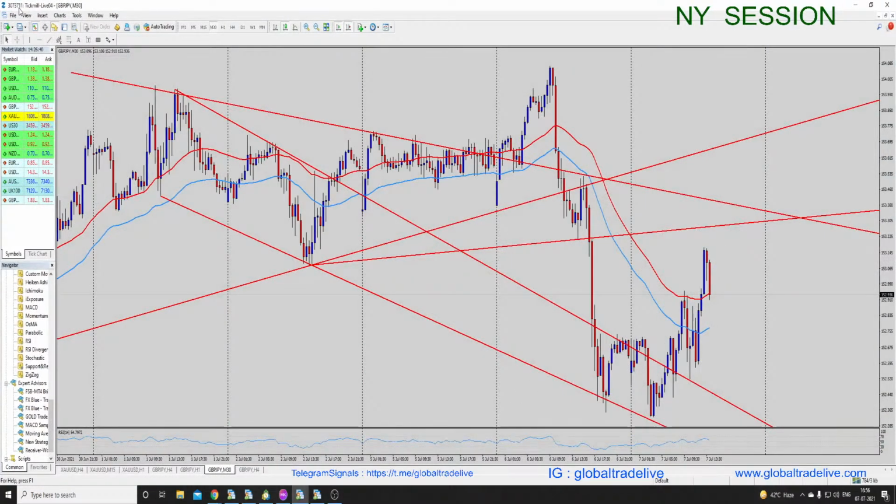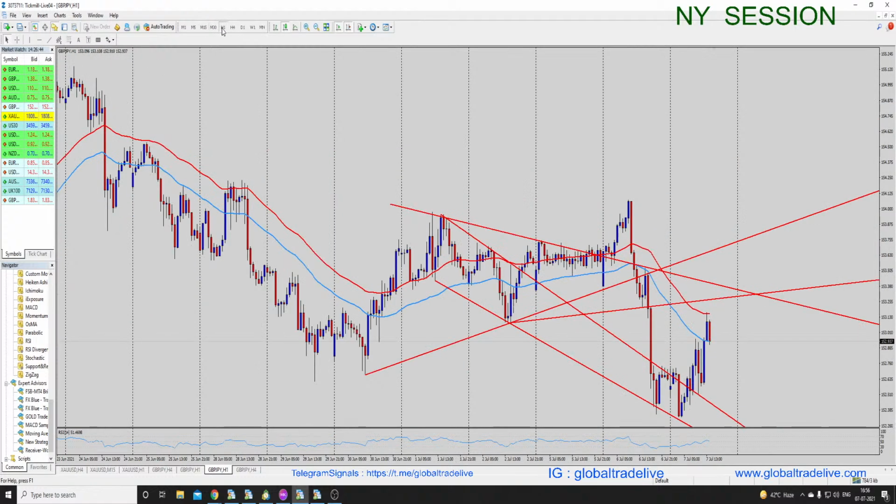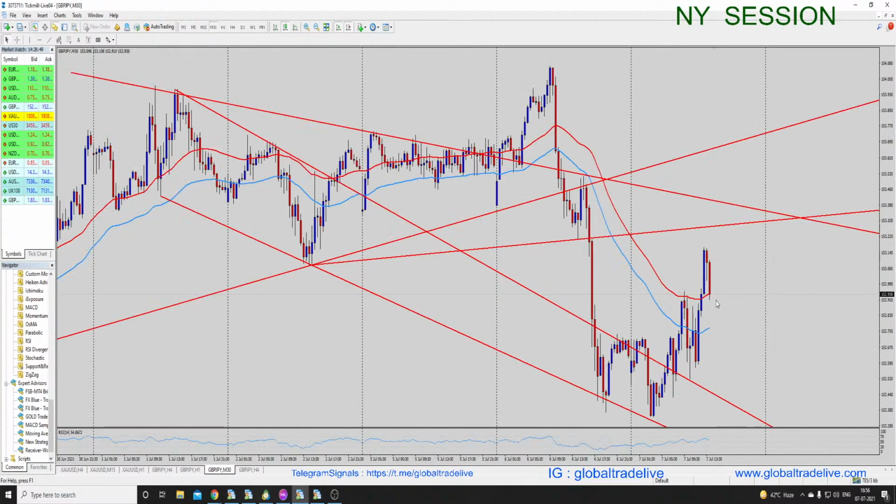But on the other hand, we still got 4 minutes here. So on the other hand, if the next 30-minute candle goes up and breaks the highs, then I think that will be the point where we can execute the buy trade.